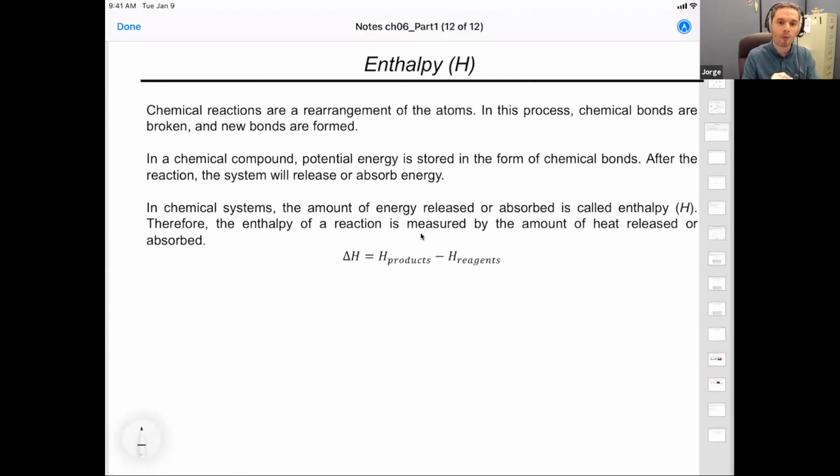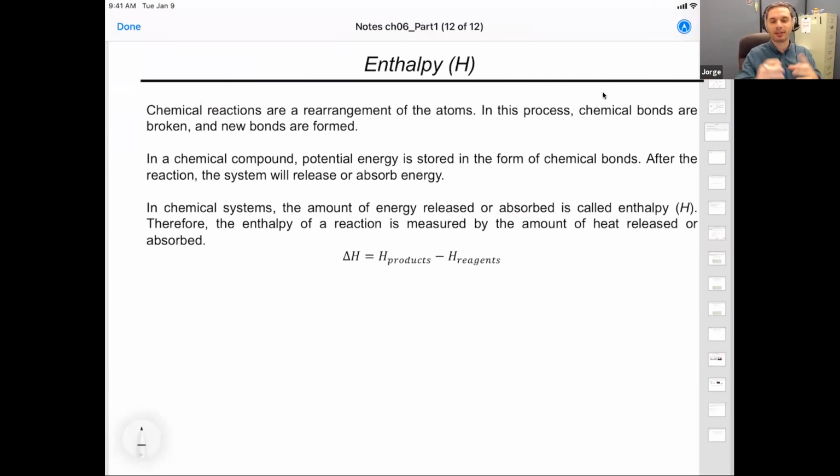In any chemical compound, potential energy is stored in the form of chemical bonds. And after the reaction, the system will release or absorb energy. The amount of energy that's released or absorbed by the system receives the name of enthalpy.